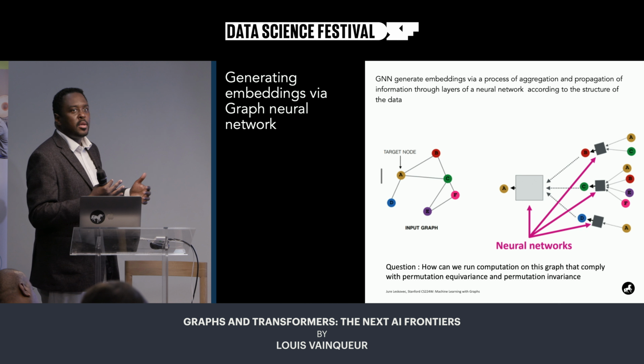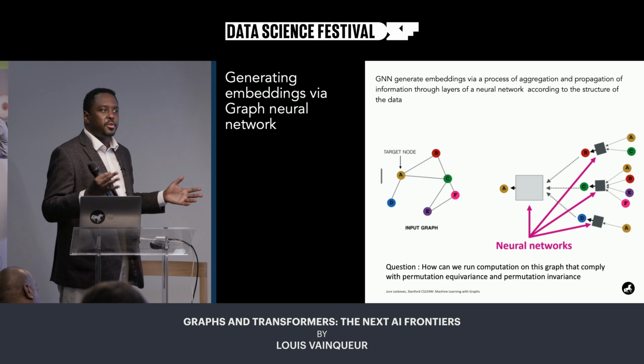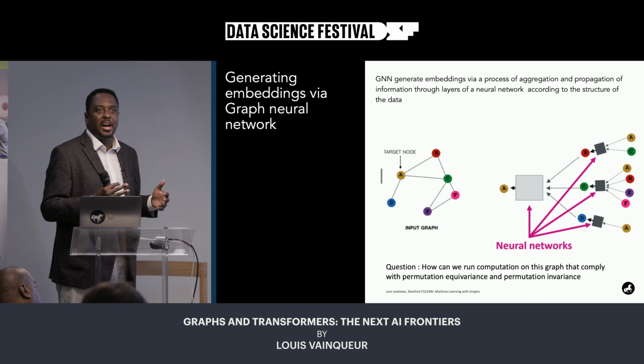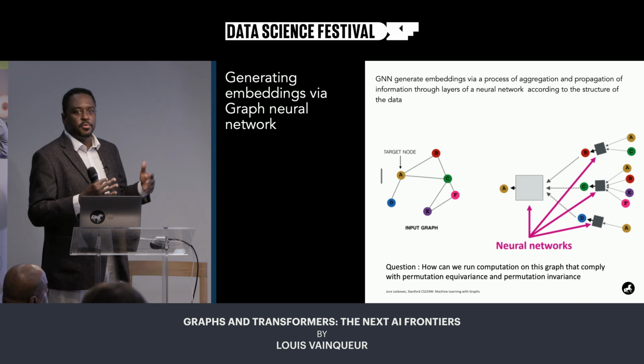And that's one way you can deal with the explosion of computation you would have if you had a separate neural network for each one of them.